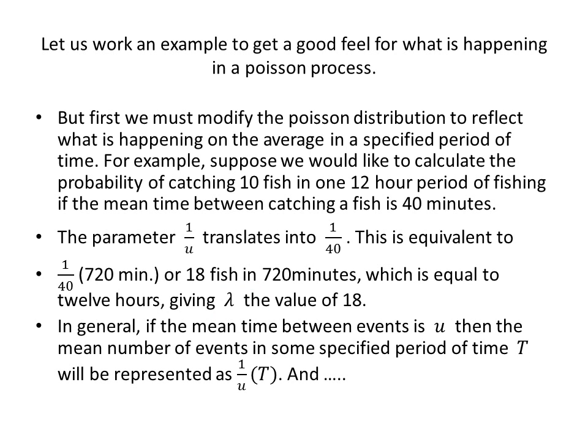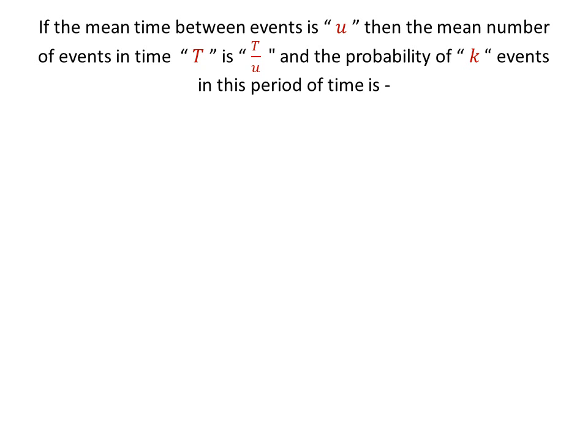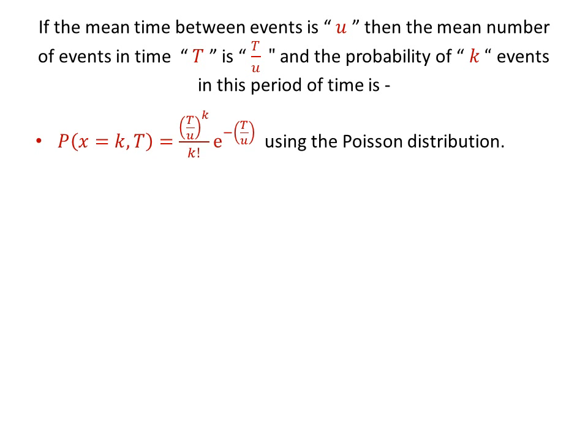And in general, if the mean time between events is given by u, then the mean number of events within some specified period of time t would be represented by t divided by u, and the probability of k events in this period of time would then become, using the Poisson distribution formula, given by what I'm circling here.